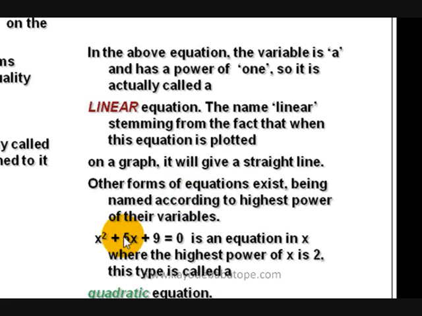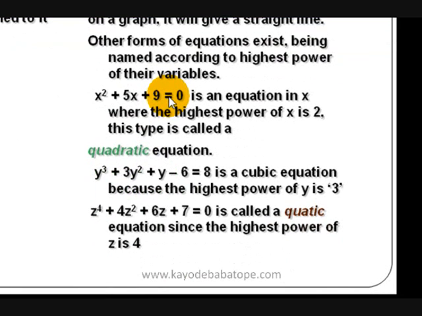For example, x squared plus 5x plus 9. This is a collection of algebraic terms linked together by mathematical sign together with an equality sign. So this is an equation in x, but then the highest power of the variable is 2, and these kind of equations are called quadratic equation.